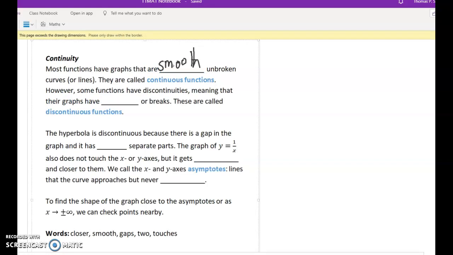They're called continuous functions. However, some functions are discontinuous or have discontinuities, meaning that their graphs have gaps or breaks. These are called discontinuous functions. The hyperbola is discontinuous because there is a gap in the graph and it has two separate paths.